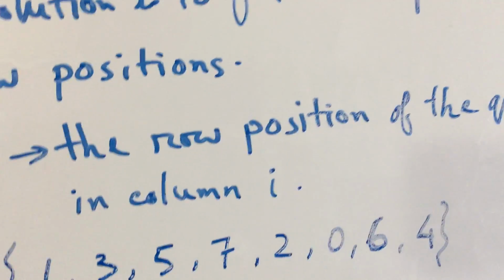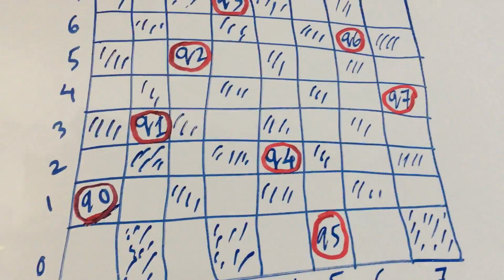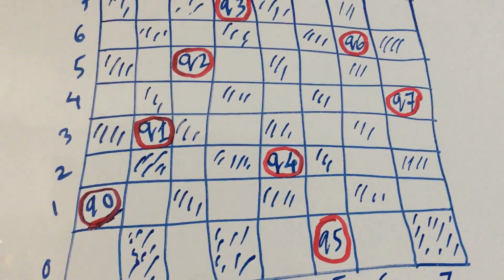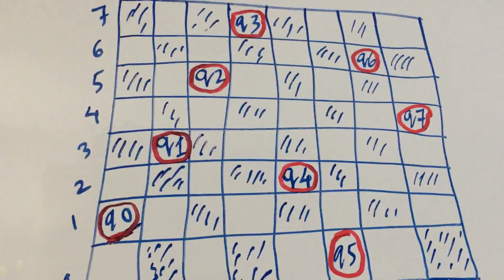for the column indexes 2 to 7, we have respectively the queens' positions, which indicates that no two queens attack one another.